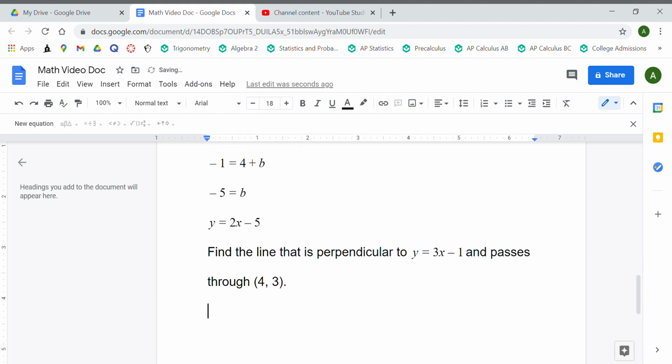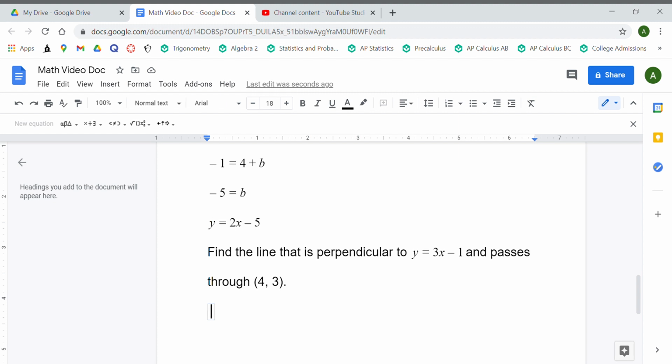Remember, opposite reciprocal. Our slope is 3, so the opposite of 3 is negative 3. The reciprocal of negative 3 is negative 1/3. So the slope of our line is negative 1/3.